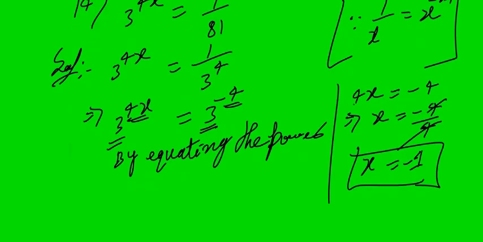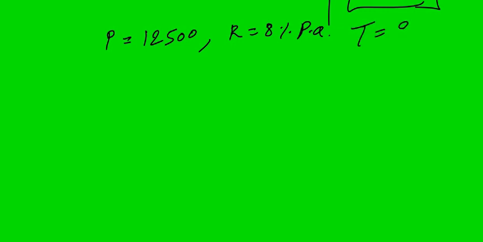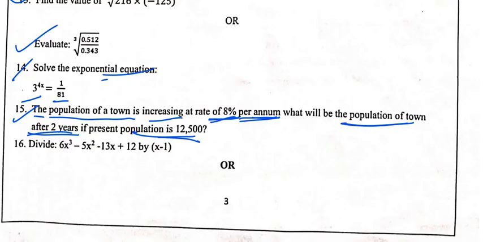In CI form, our present population will be P, 12,500. The rate of increase in population is our rate per annum, and time is already given as 2 years. The question is, after 2 years, what will be the population of the town?